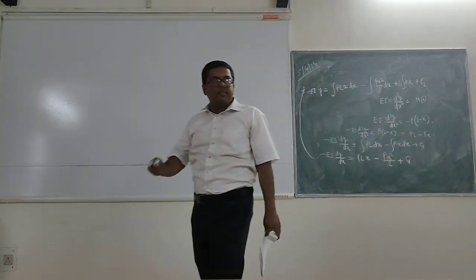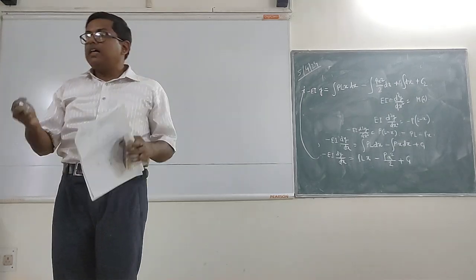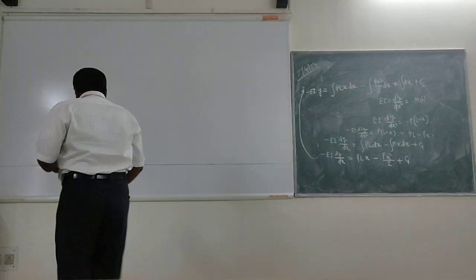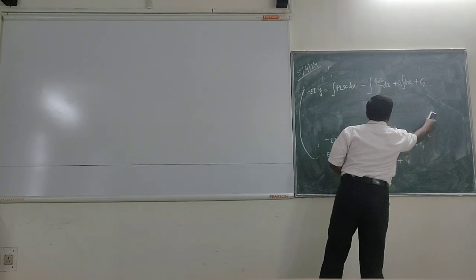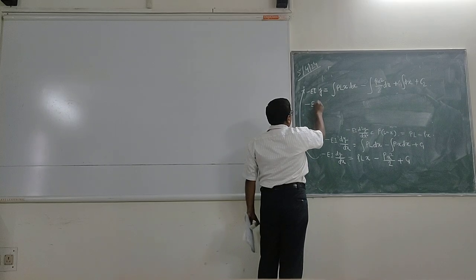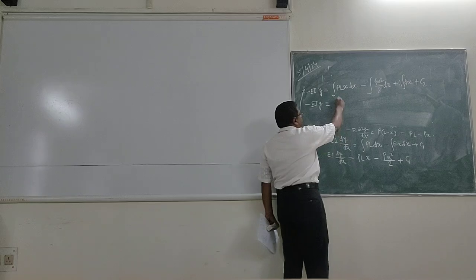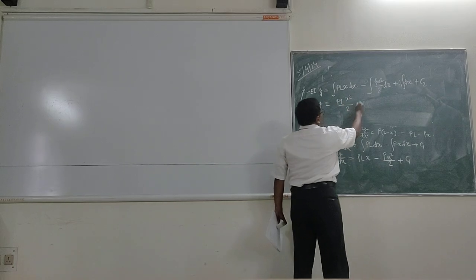Please do step by step, don't jump a step, because if you jump a step, there is every chance that you will make some mistake. Now if I go for the next step, EIy, integrate. Tell me, PLx, what will become? PLx square by 2 minus what?